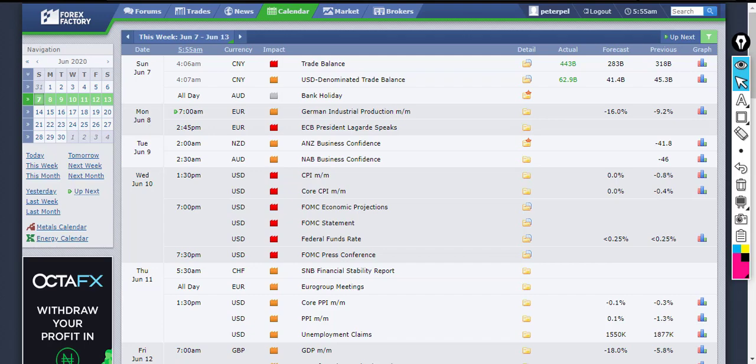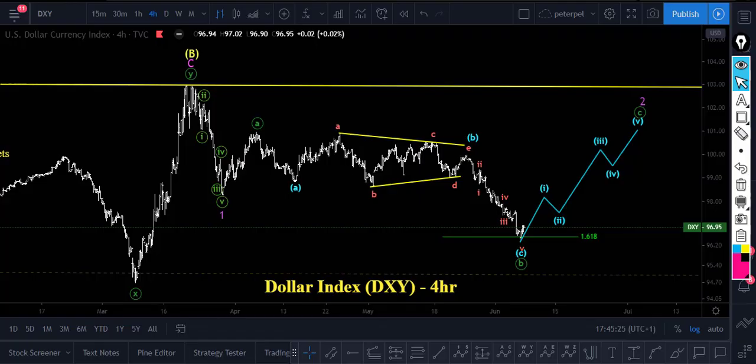The dollar index always has a form of correlation with Euro USD, so that we will understand what is happening there very well.